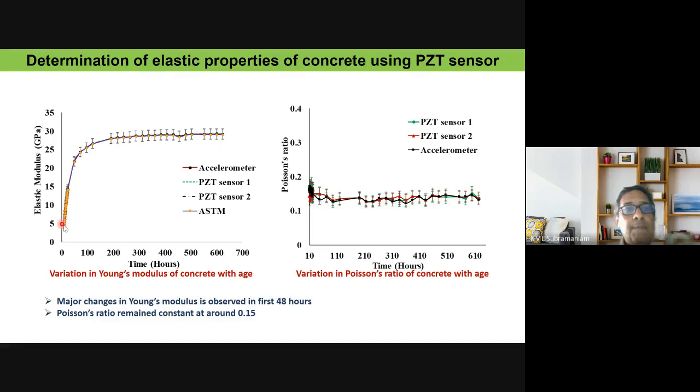So we used the cylinder geometry, backed out the Young's modulus, and were able to track the Young's modulus of the aging concrete using these embedded PZT sensors, and it matched perfectly with the known procedures available with ASTM. That gave us confidence that this embedded sensor can also be used for vibration monitoring inside a concrete structure.